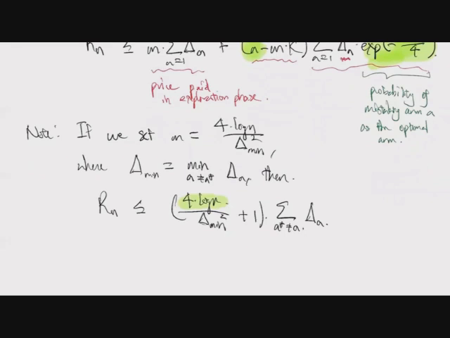So this might seem to suggest that ETC might be just as good as UCB. But here we have cheated because we have used this unknown knowledge about the time horizon n, as well as the minimum suboptimality gap, in order to set m. In practice, we don't actually know these two quantities. You might know the time horizon, but we will never know what this suboptimality gap is.